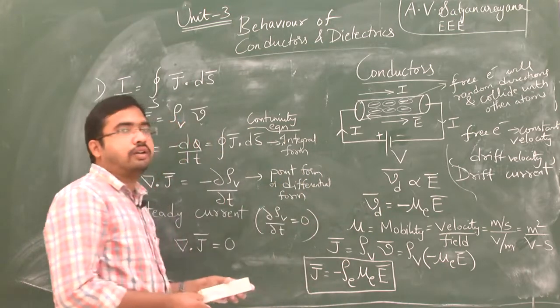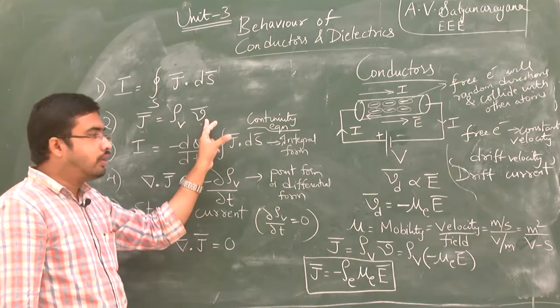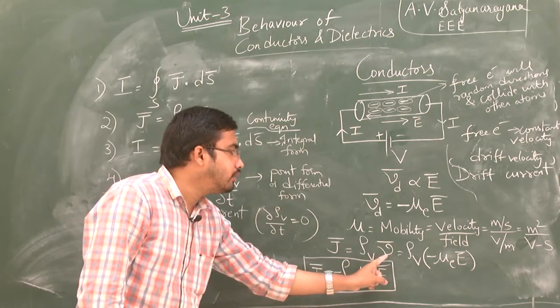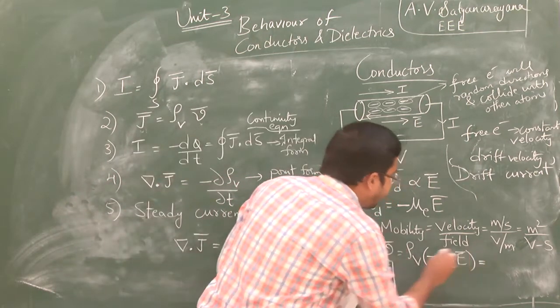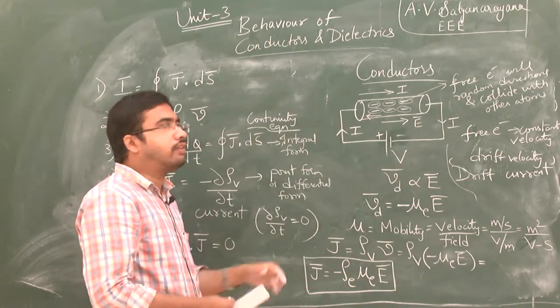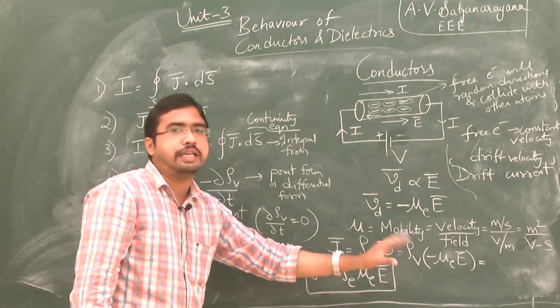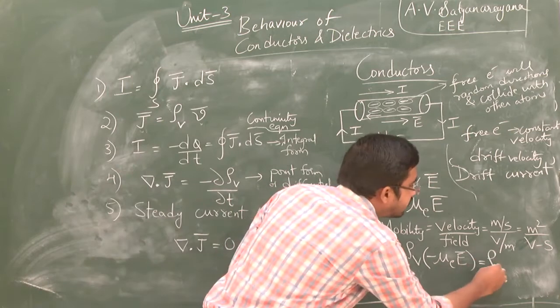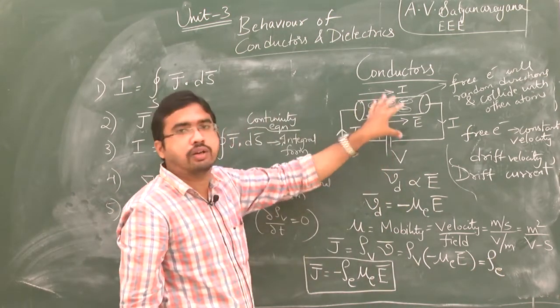Here we are using the relation J bar is equal to rho V into V bar. Instead of taking the entire volume of the body, rho V can be replaced with charge density rho E because I am concentrating only on the electrons.